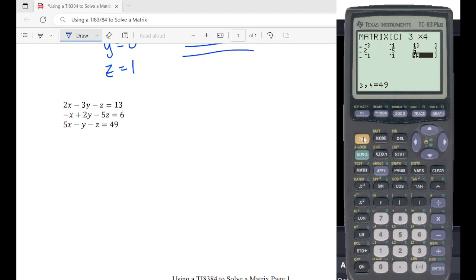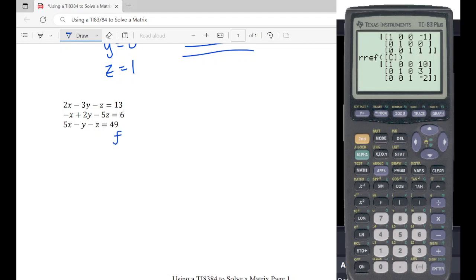Always double check, and once you're sure it's good, second mode to get out, second matrix, over to math, go to RREF, select, and then back to second matrix one more time, and we're going to choose the matrix C. Close, and then hit enter, and here is our matrix, a diagonal of 1s, 10, 3, and -2.